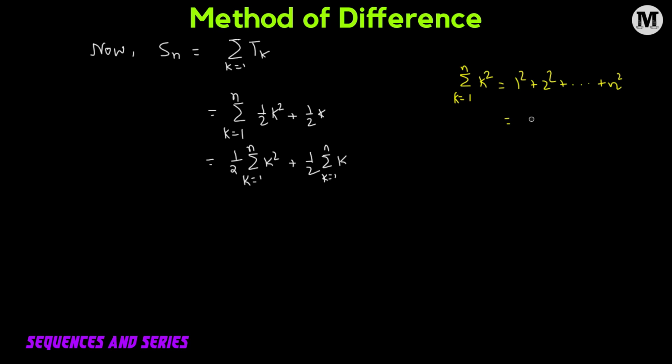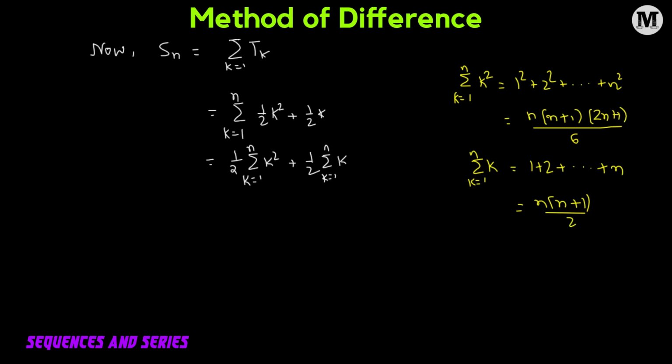So that's going to be equals to n multiplied to n plus 1 multiplied to 2n plus 1 whole divided by 6. Next we have summation of k with k running from 1 to n. So here we have 1 plus 2 all the way up to n. This is the sum of the first n natural numbers. So the standard formula is n times n plus 1 divided by 2. So let's use these two formulas.